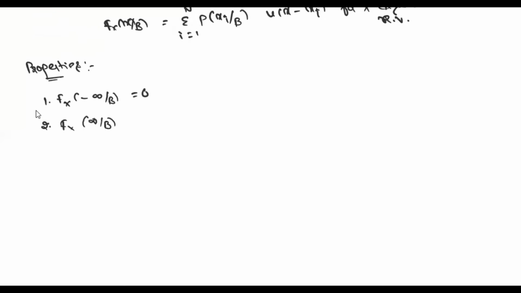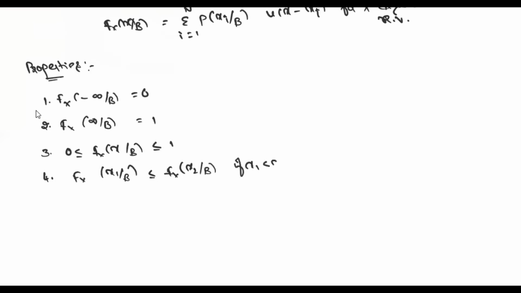F_X(infinity|B) is equal to 1, and for the given condition you have to include the conditional event. Then 0 is less than or equal to F_X(x|B) less than or equal to 1, and F_X(x1|B) is less than or equal to F_X(x2|B) if x1 is less than x2.